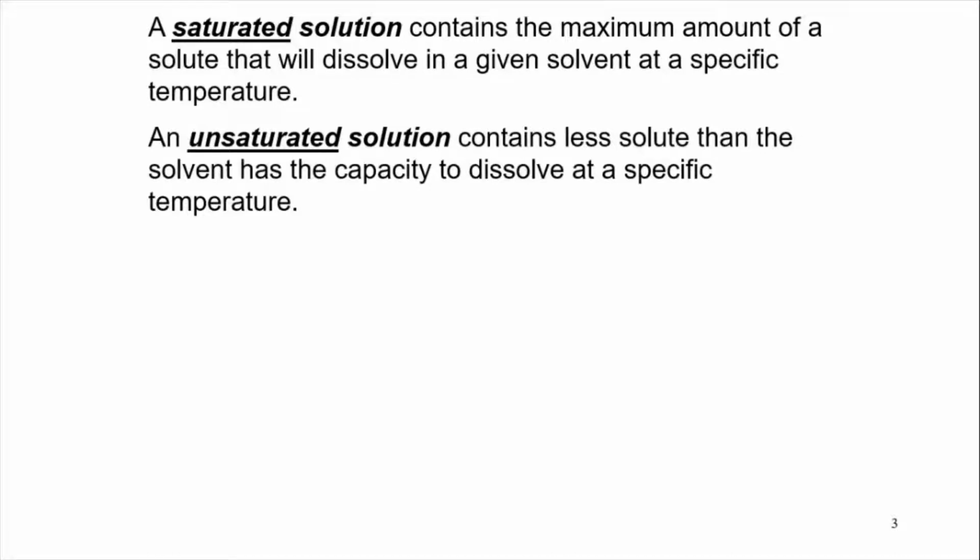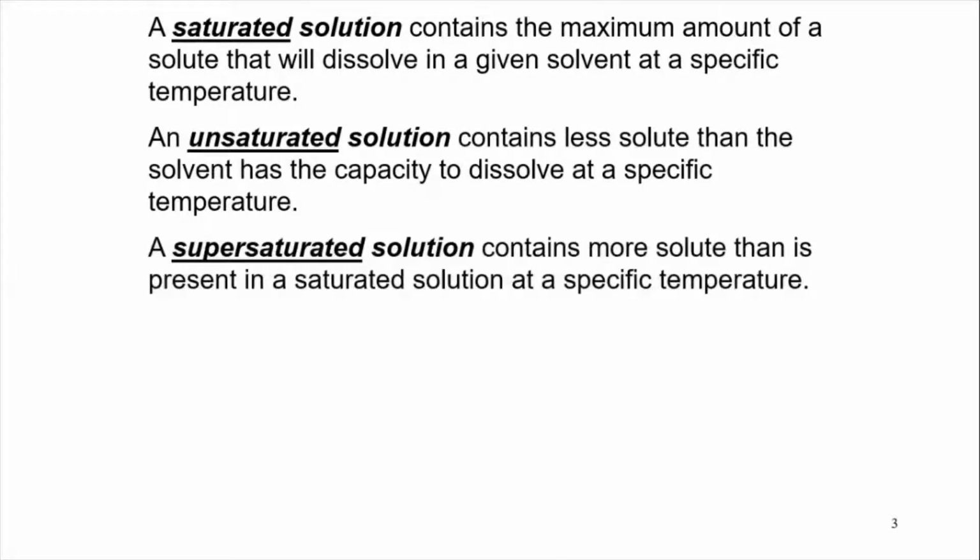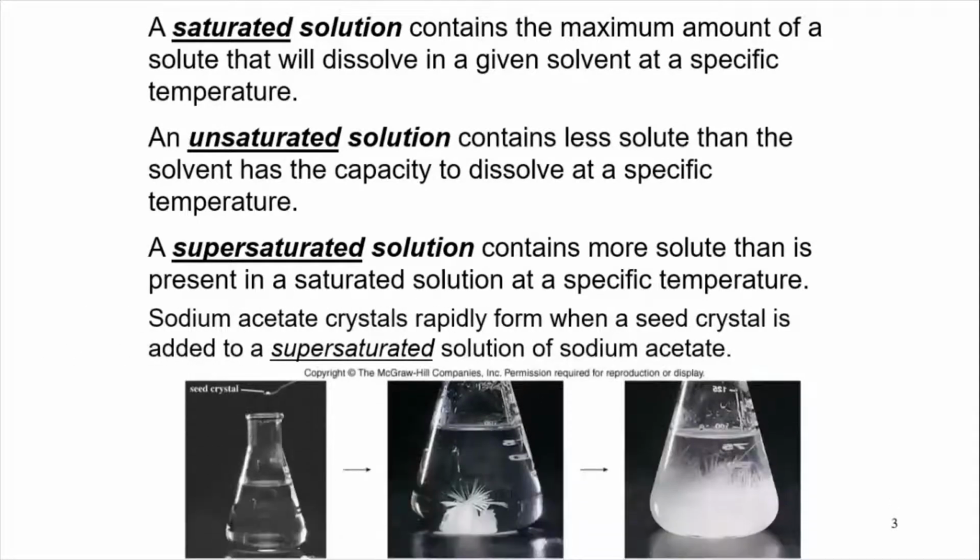And if you bring the temperature down very, very slowly, very carefully, you might end up where the solute remains dissolved, even though at the lower temperature, it should have actually fallen out of solution. We call that a supersaturated solution. It contains more solute than should be present in a saturated solution at that specific temperature. And you can do some really interesting things, for example, with sodium acetate crystals.